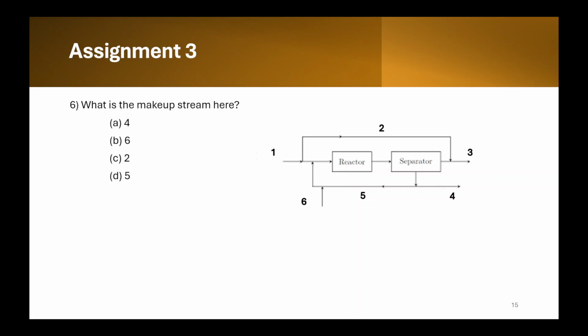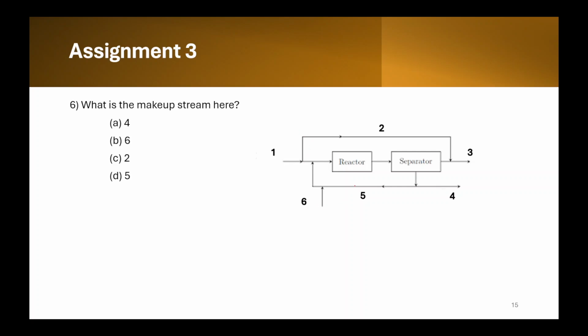Sixth question, what is the makeup stream here? Can somebody give me the answer? These streams are numbered: this is stream 1, this is stream 2, this is stream 3, this is 4, 5 and 6. What will be the correct answer for the makeup stream? All right.